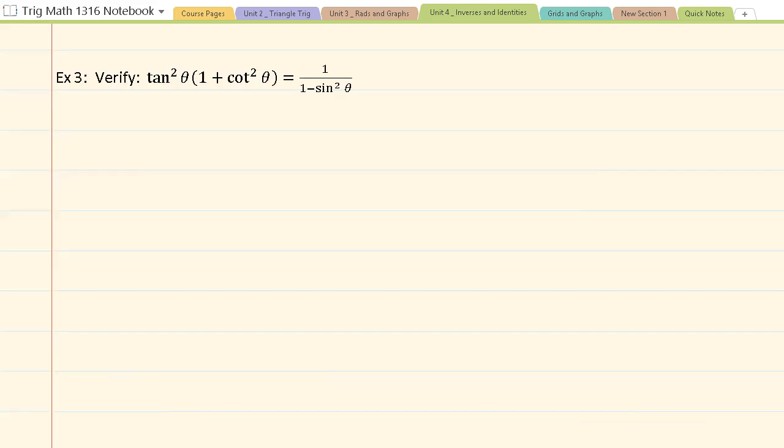Let's try example number 3, where our job is to verify that tangent squared of theta times the quantity 1 plus cotangent squared of theta is equal to 1 over 1 minus sine squared of theta. So pick an ugly side.